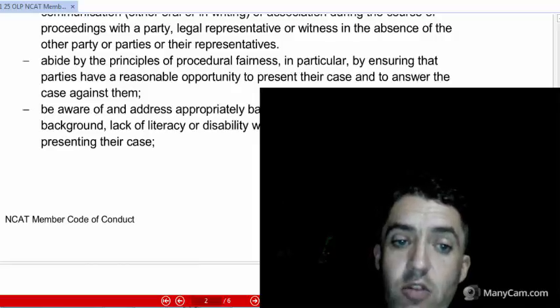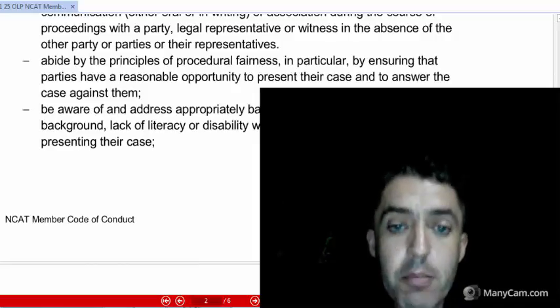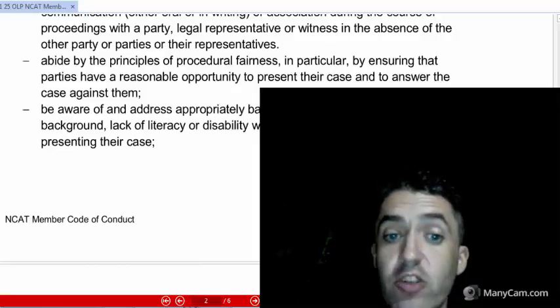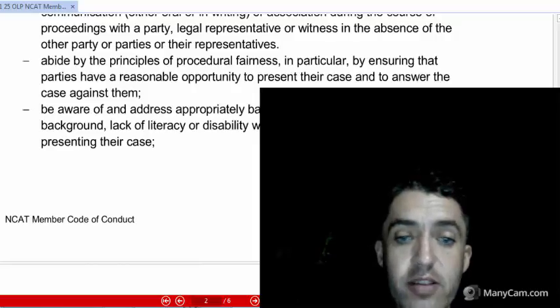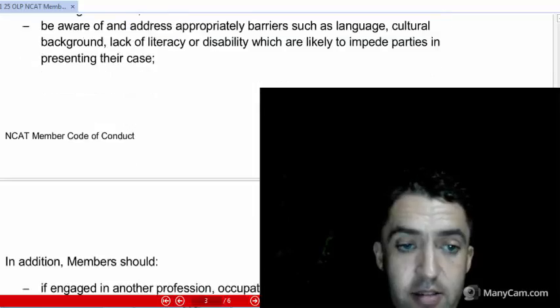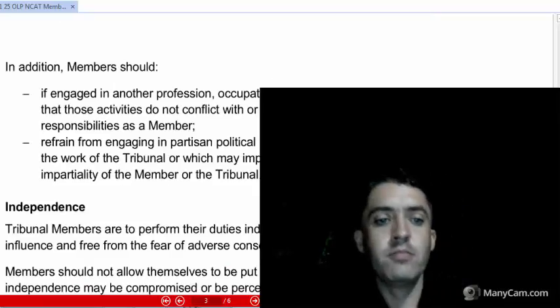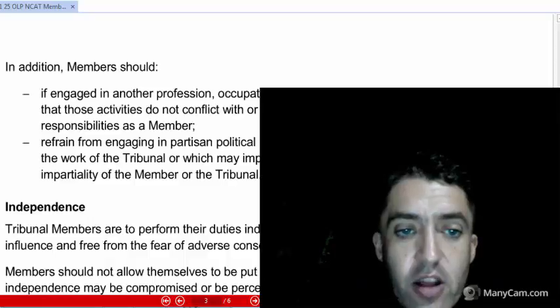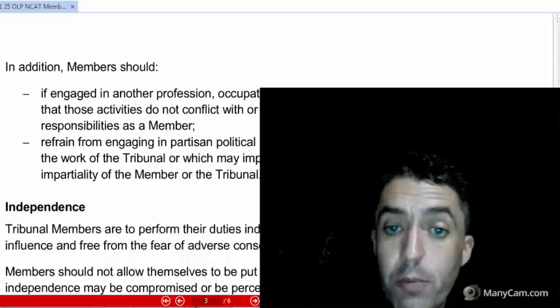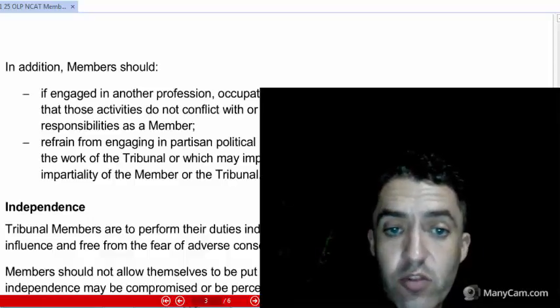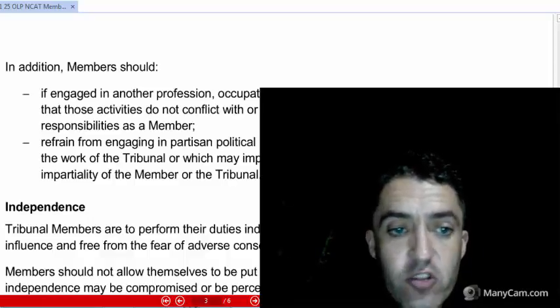Be aware of and address appropriately barriers such as language, cultural background, lack of literacy, or disability, which are likely to impede parties in presenting their case. In addition, members should, if engaged in another profession, occupation, or business, take care to ensure that those activities do not conflict with or undermine the discharge of their responsibilities as a member.